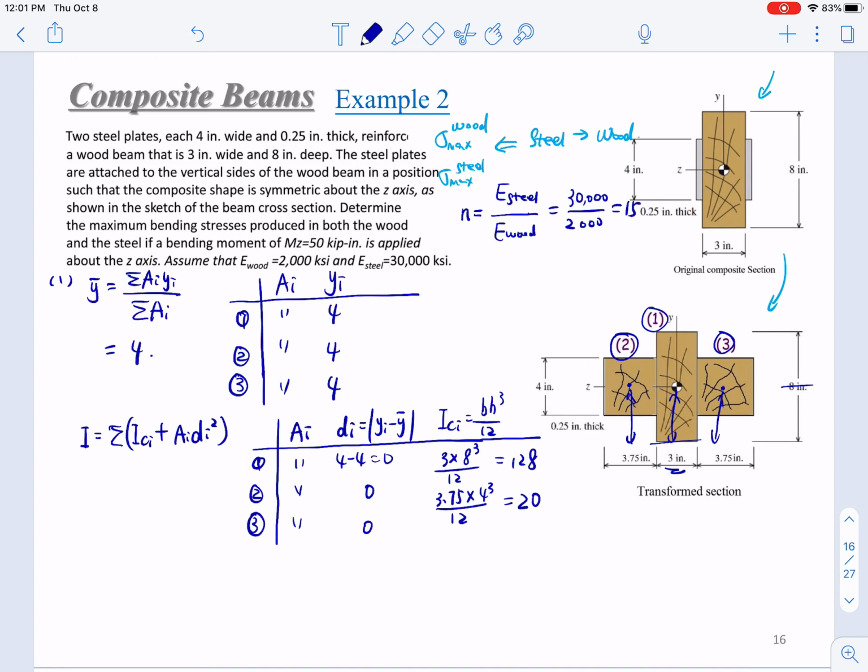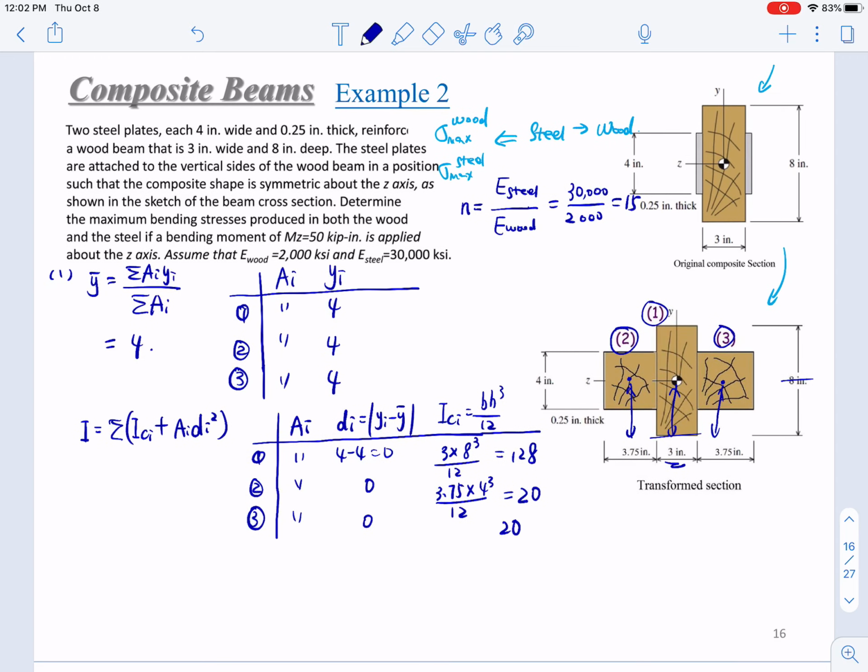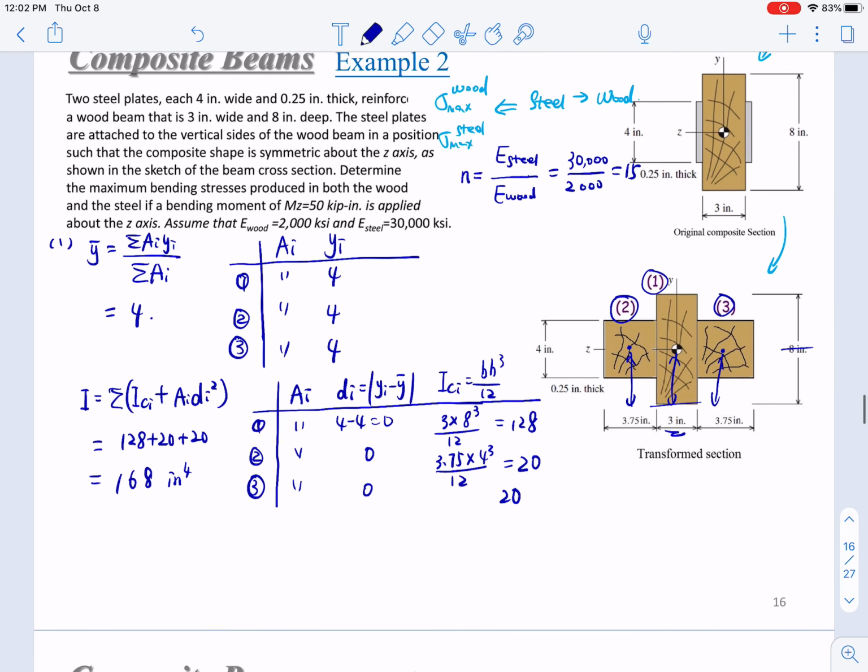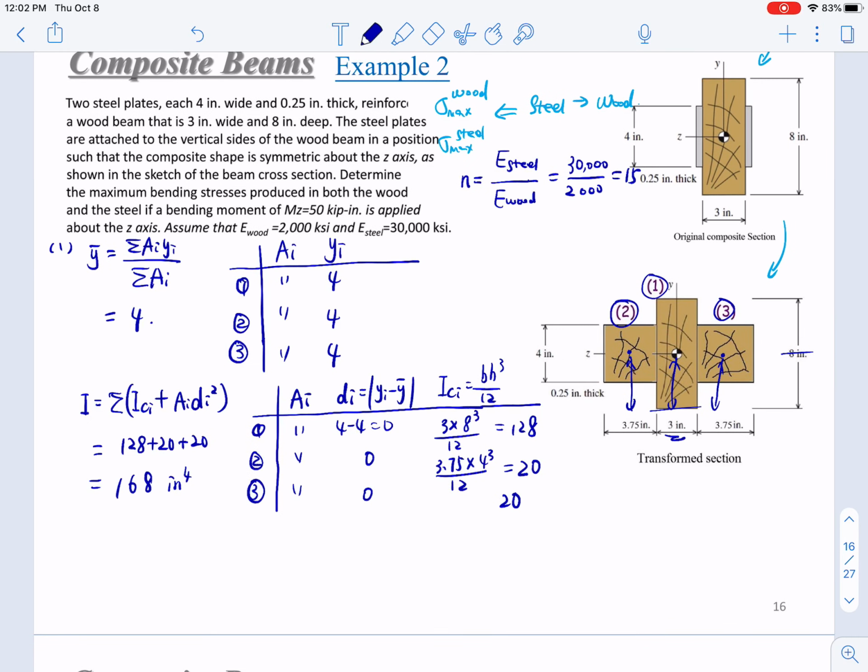Area 3 will be the same as 2, so 20. So here it will be just 128 plus 20 plus 20. You get 168 inches to the fourth. Then this is our step 2.